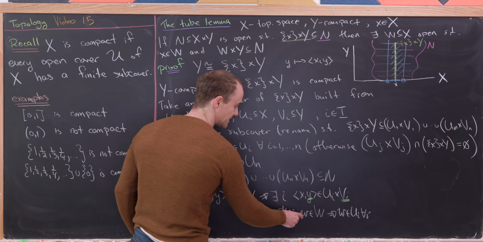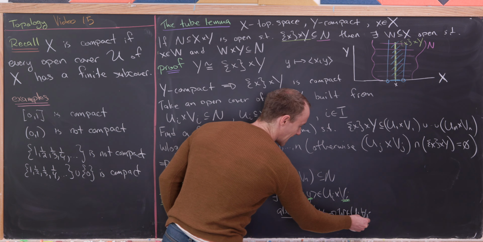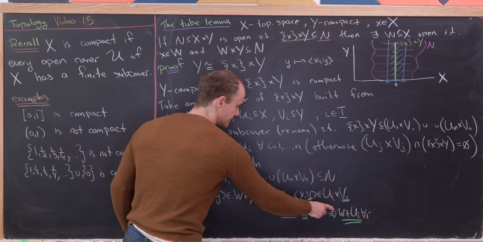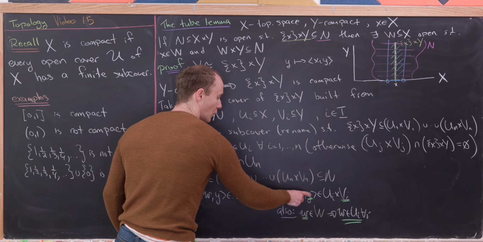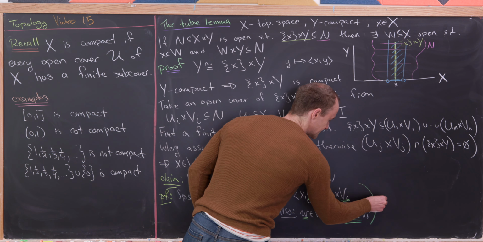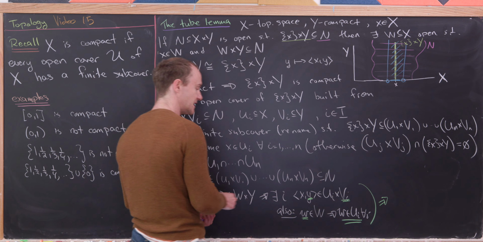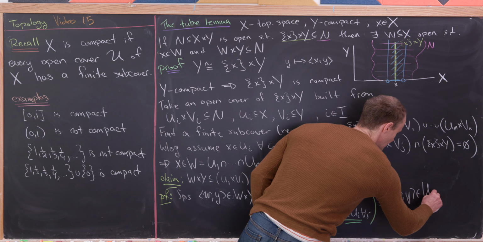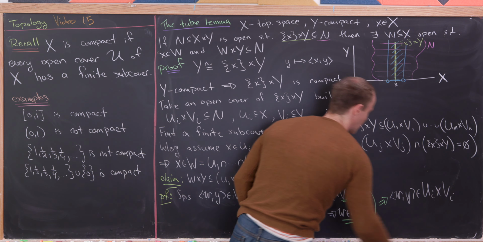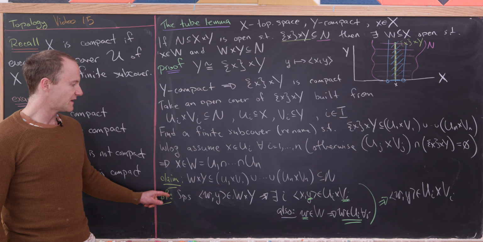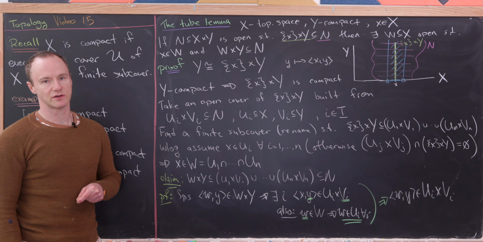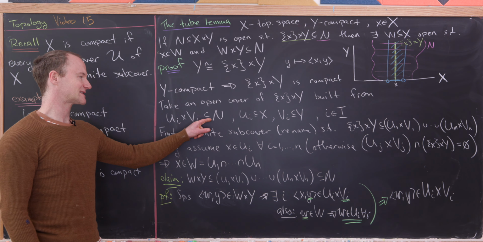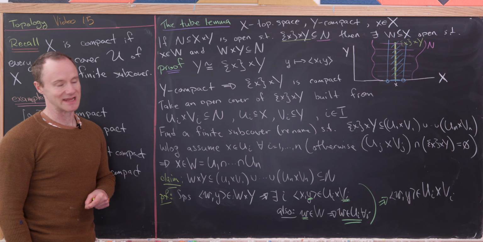But then this w is going to be inside of all the U_i. So if w is in all of the U_i, and y is in at least one special V_i, that means that (w, y) is in that special U_i cross V_i. But then that means that it's got to be inside of this union right here. And then again, by our construction of our open cover, that's going to be inside of our set N.